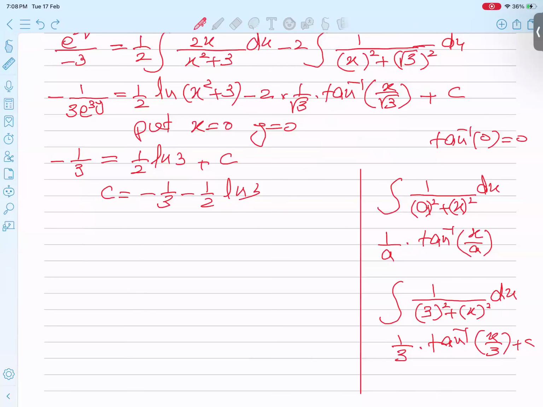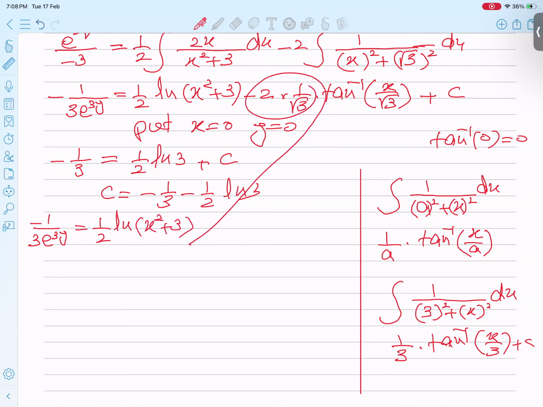So get ready. Negative 1 over 3 e to the power 3y and 1 over 2 logarithm x squared plus 3. This I'm writing as negative 2 over root 3, and I'm writing tan inverse x over root 3.